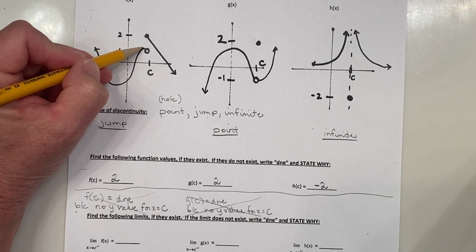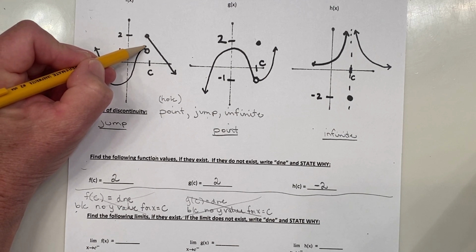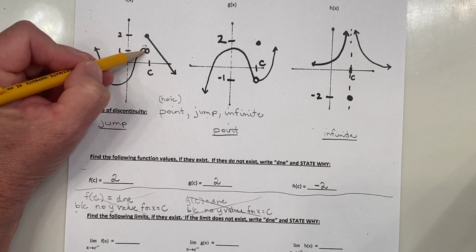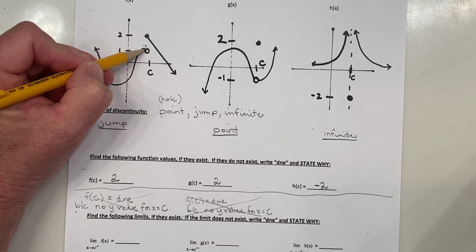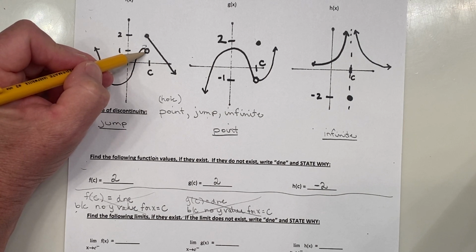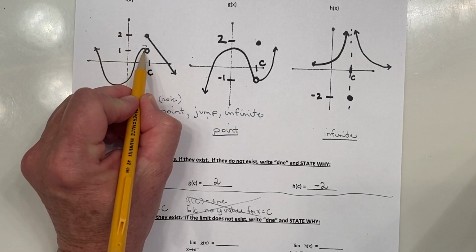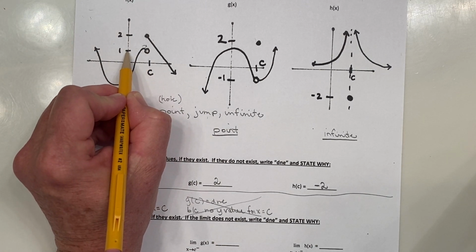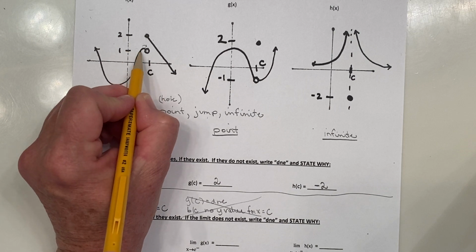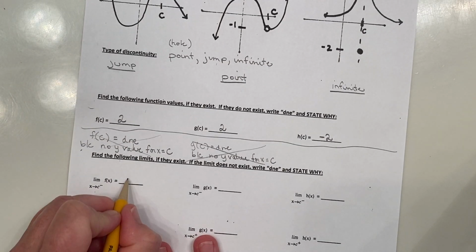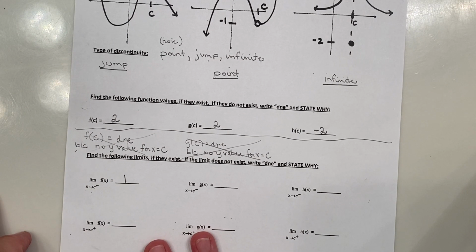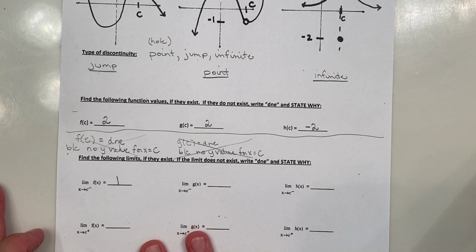I look up and there it is. Now I'm going to start moving on the graph to where the x-coordinates are getting closer to c. So what's the left-hand limit, as we call this? What are the y values going into? We'll look across here horizontally, and it looks like the y values are going into 1 on this part of the graph. So my left limit has a value of 1.